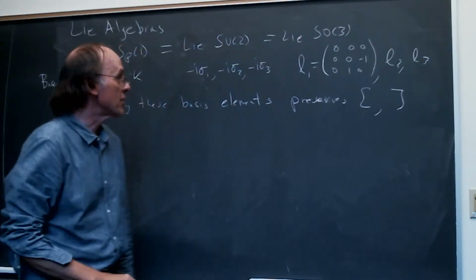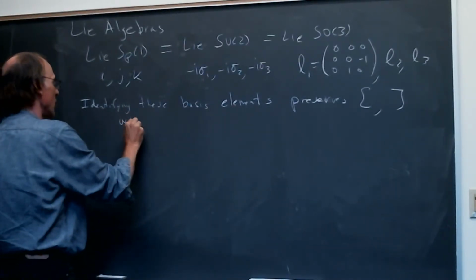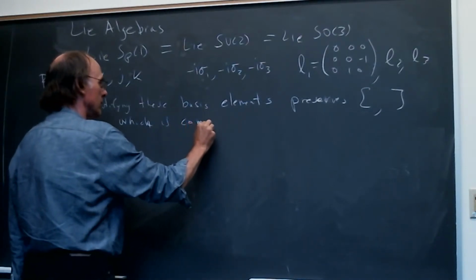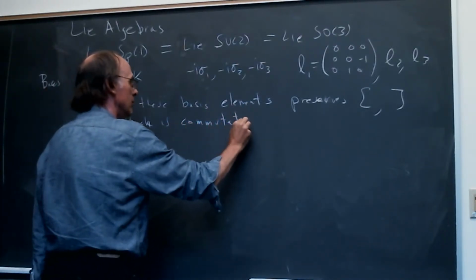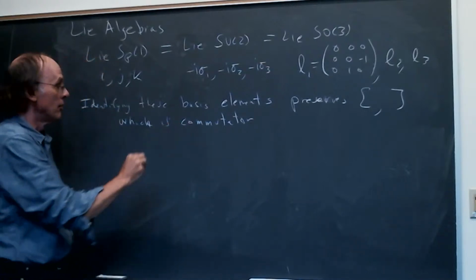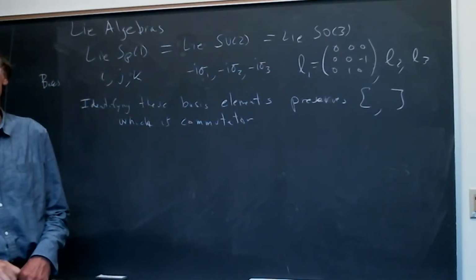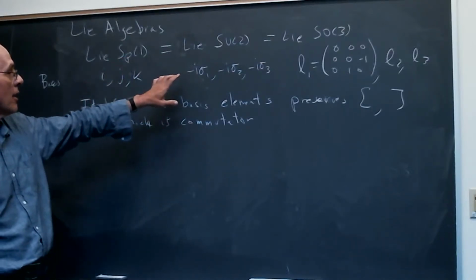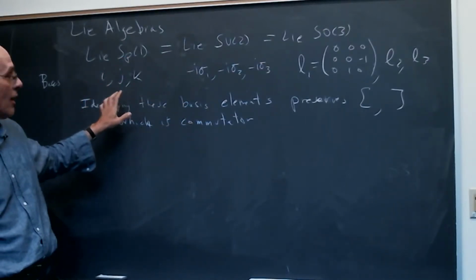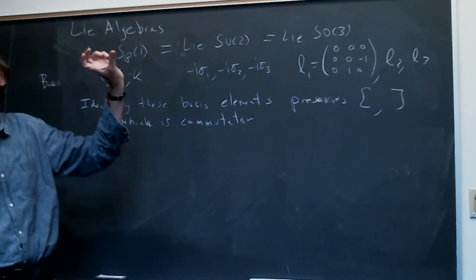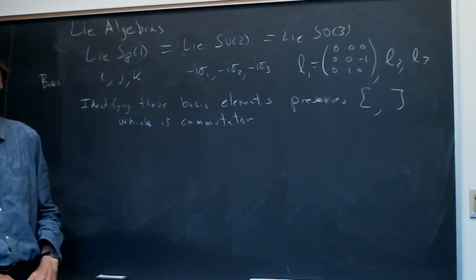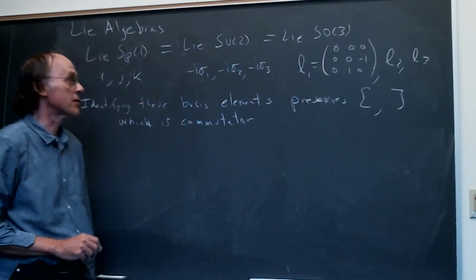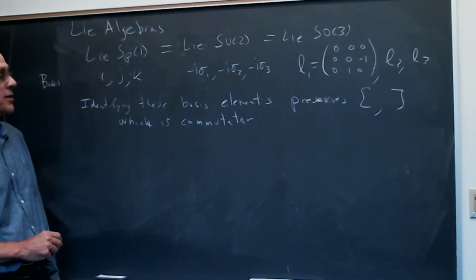The Lie bracket definition is a commutator. In each of these cases, there's a Lie bracket operation, and the Lie bracket of two elements is what you get by multiplying the two elements in the opposite orders and subtracting. You can check that this works out for these.